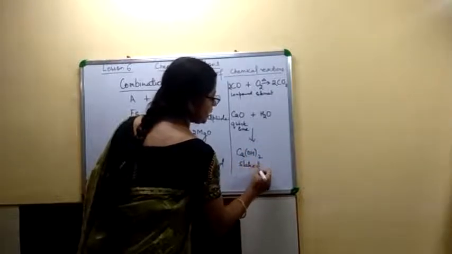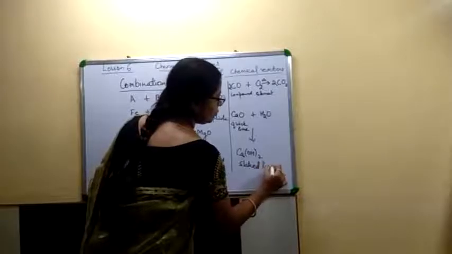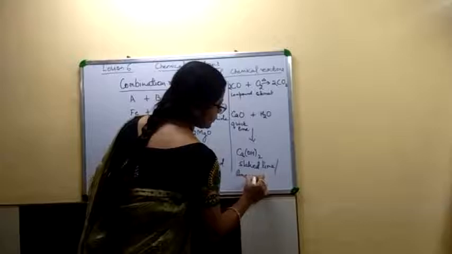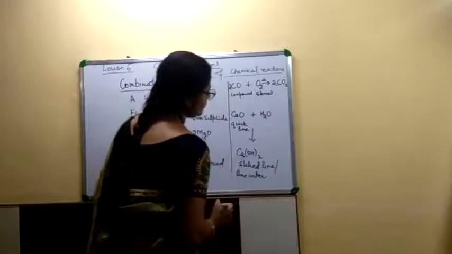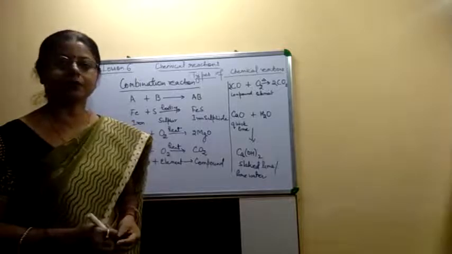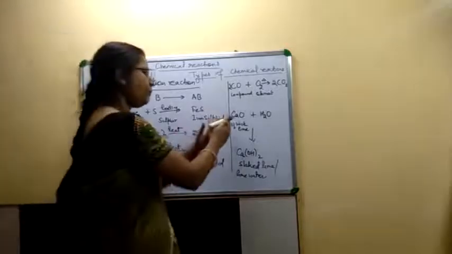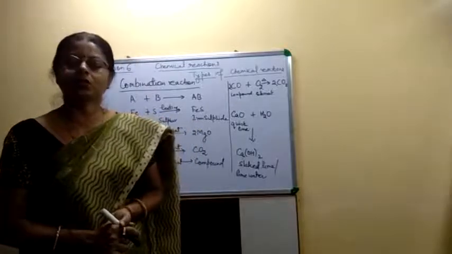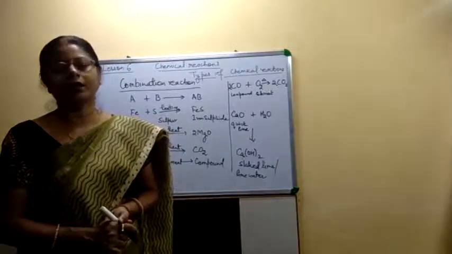It is also known as slaked lime or lime water, or calcium hydroxide. So here two compounds react together to form a new single compound. This is also a type of combination reaction.